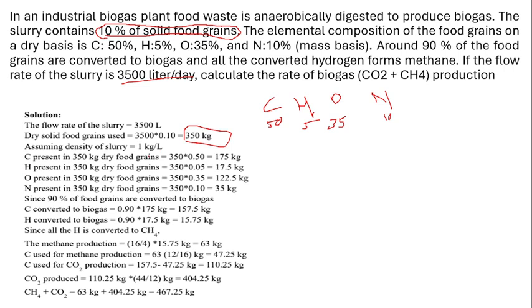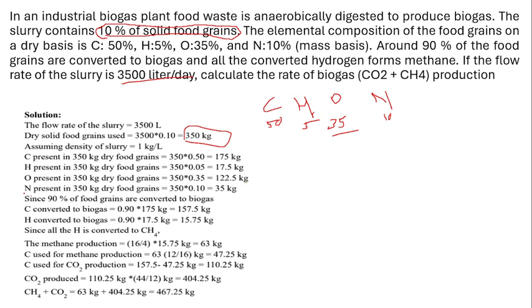Now the amount of C present is 350 into 0.5, which is 175 kg. The amount of H present is 350 into 0.05, since it is 5%, which is 17.5 kg. And the amount of oxygen present in 350 kg of dry food grain is 350 into 0.35, since it is 35%, so it is 122.5 kg.